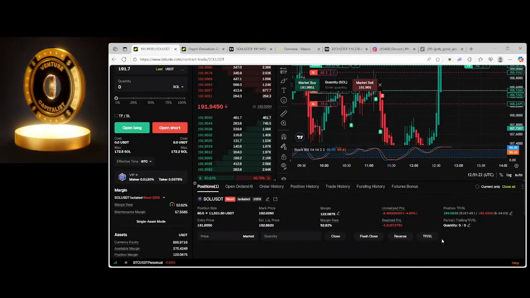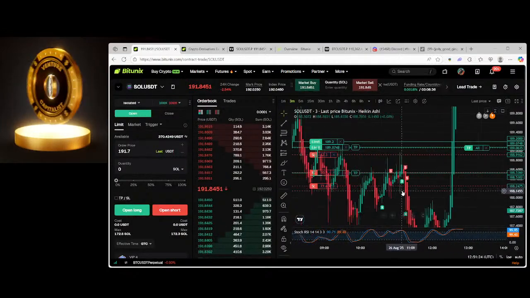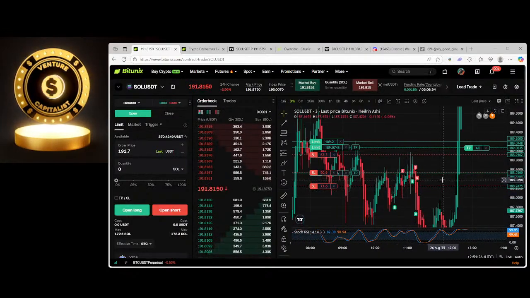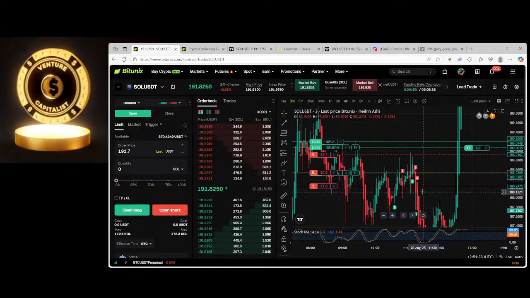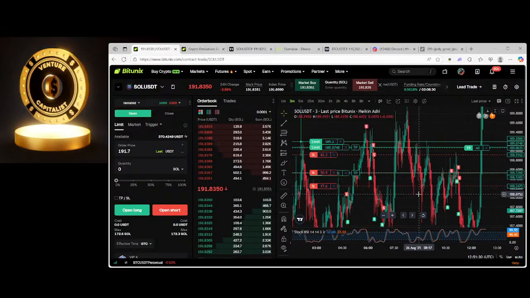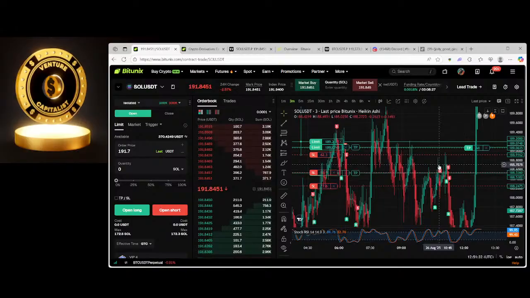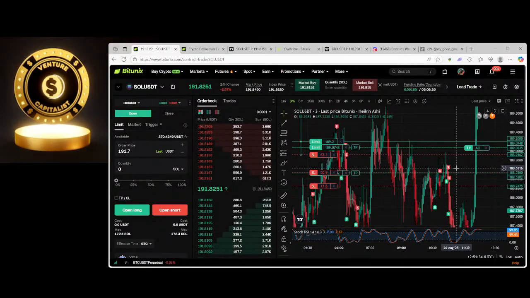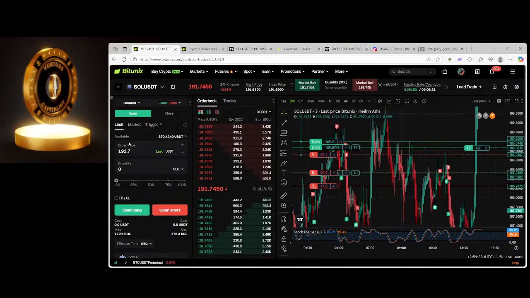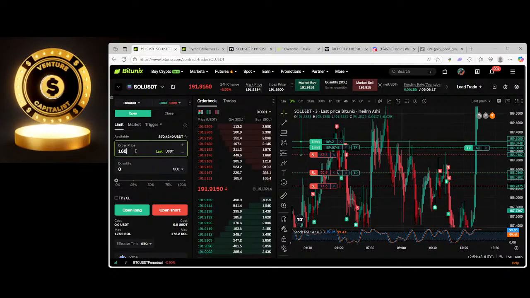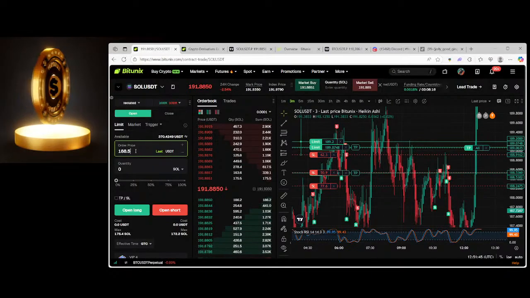So let's say that we want to get into a trade, and let's say we want to set a buy trade at, I don't know, let's pick a price here. Let's say that we want to buy a trade that comes down to 188.52. Well, it's a limit order, and the price would be 188.50. Okay.